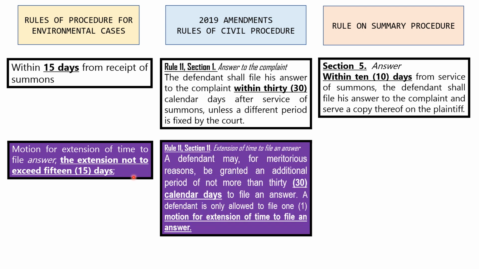That is also true when you talk about your ordinary civil case. One time, pwede kang mag-file ng motion for extension of time to file an answer, but just take note that the period should not exceed 30 days. How about in your summary procedure? Bawal ang lahat ng motion for extension of time.